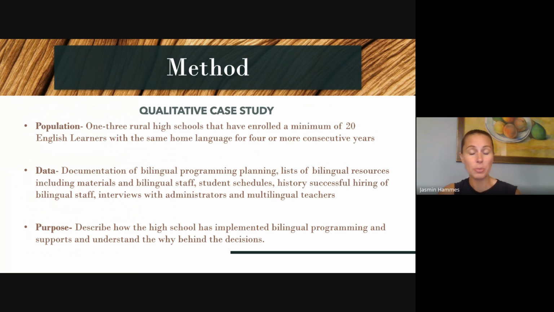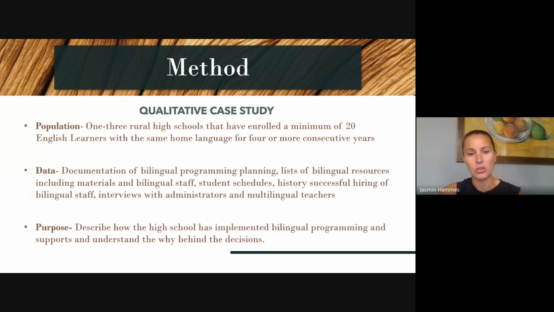From an HR perspective and just access to resources and people, bilingual people, what is their history of successful hiring of bilingual staff? Is this something that they have struggled with or they have not struggled with?